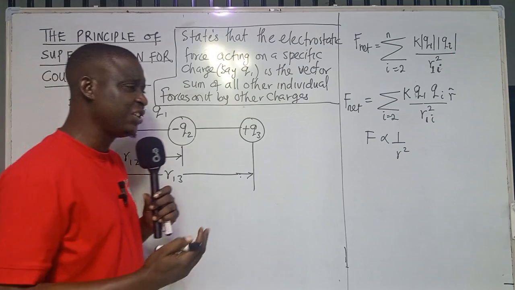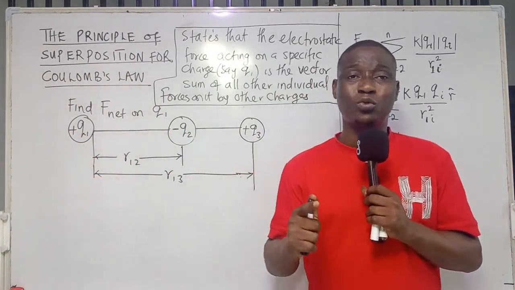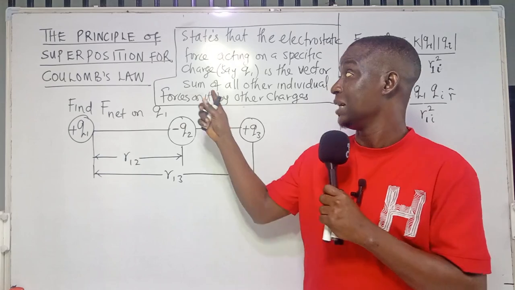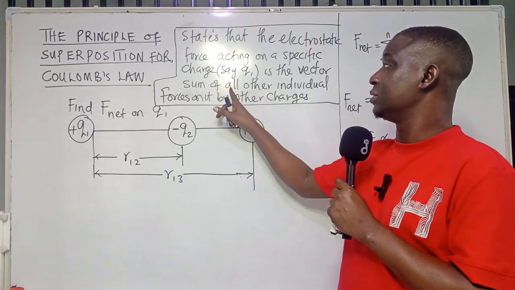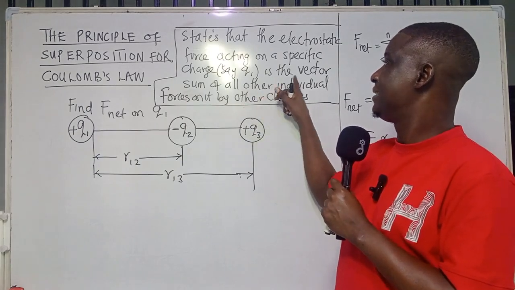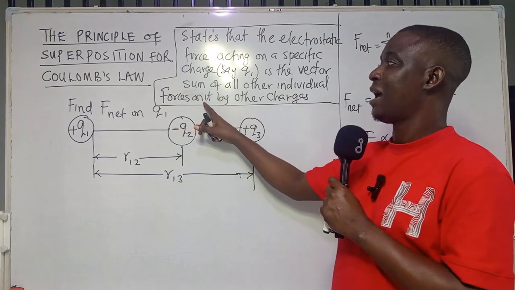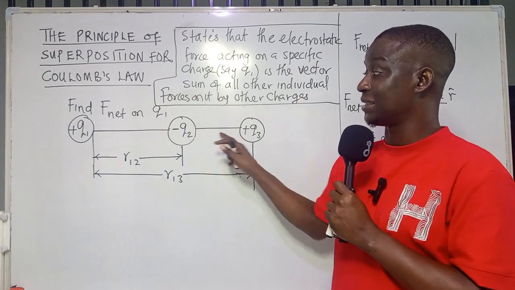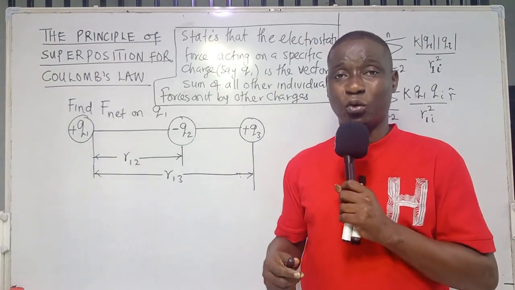Now, there are some basic things you need to understand. Don't forget that according to the vector sum, if you check the definition, it is the vector sum of all other individual forces on it by other charges. So all other charges are creating a force on the charge that we are focusing on.